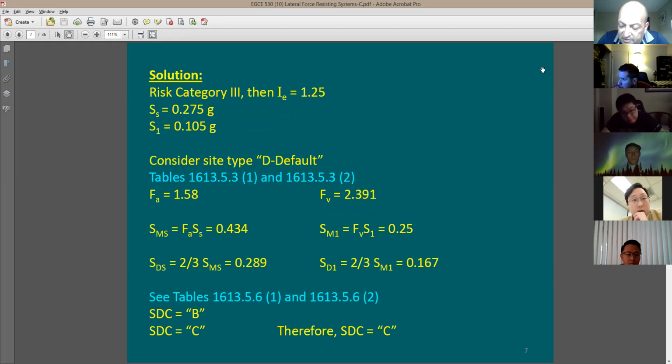Nowadays, with the website, once you key in the location information, you get right away all the values. I'm sure that you guys have seen it before. Would anyone need help with the link to that website, or are you guys good with it? What's the website again? The link? Okay.